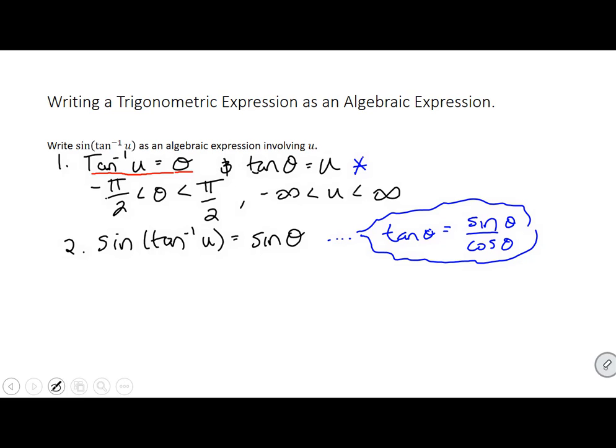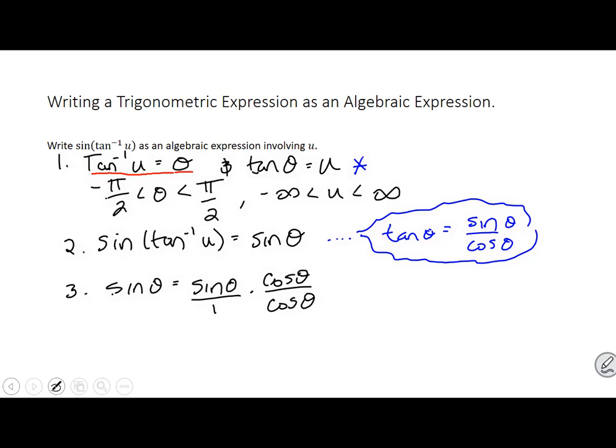Let me move my item 3 down just a little bit. Alright, so sine of theta equals sine of theta over 1. So I have not, again, changed the value of my expression. Here I'm just writing it over 1. And then I can multiply that by cosine theta over cosine theta.